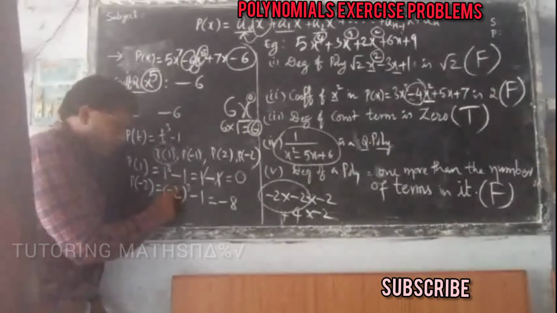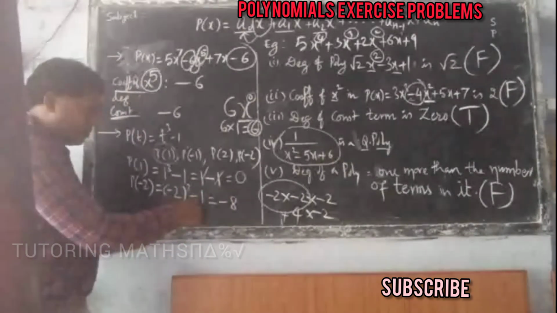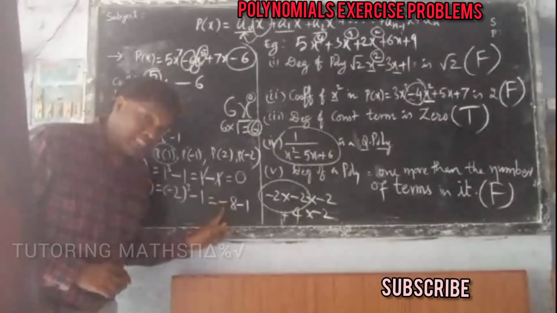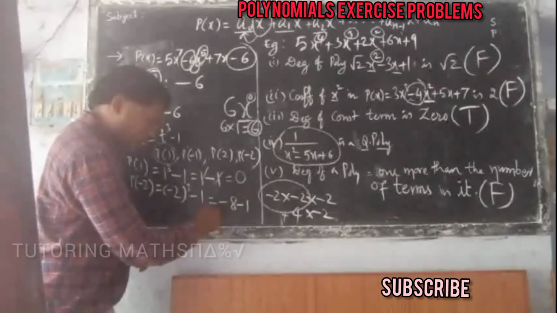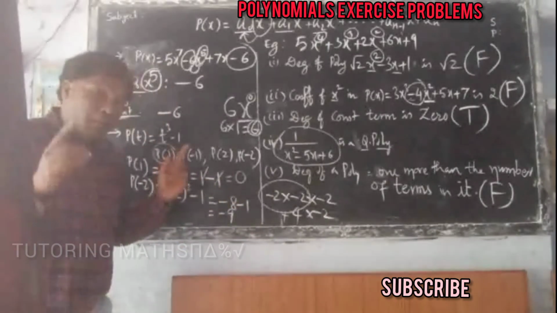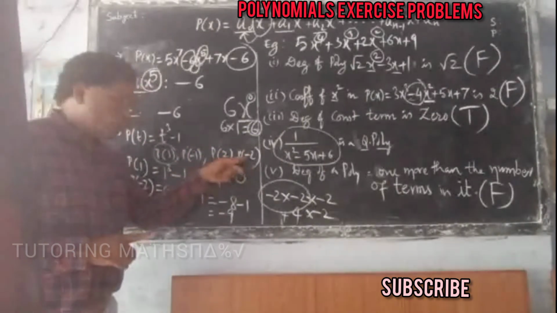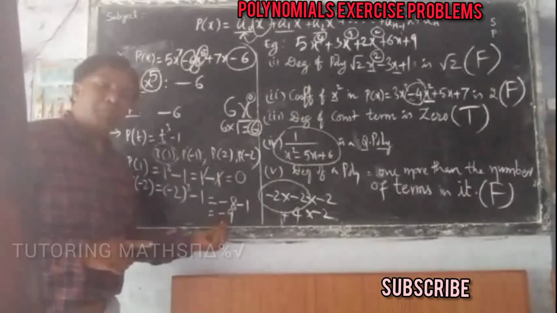When it is odd number, you get again minus. Then the next one, minus 1. So minus 2 whole cube is minus 8 and minus 1. Minus 8 minus 1 is finally we get minus 9. And the value of p of minus 2 when p of t is t cube minus 1 is minus 9.